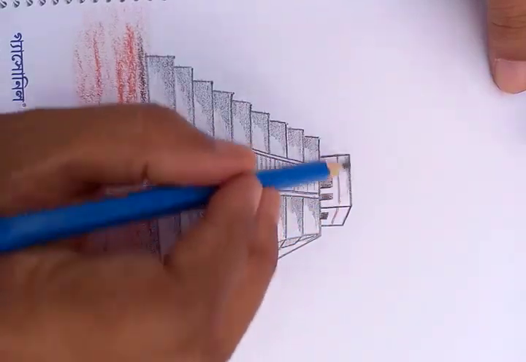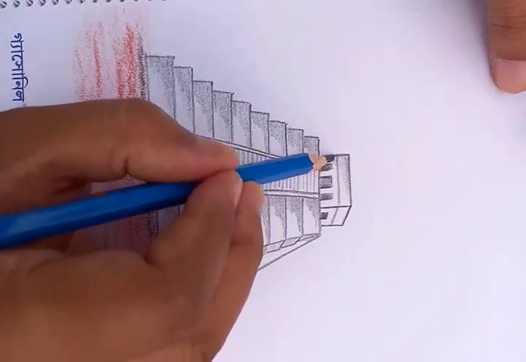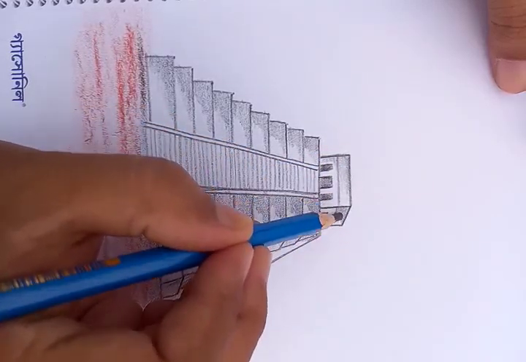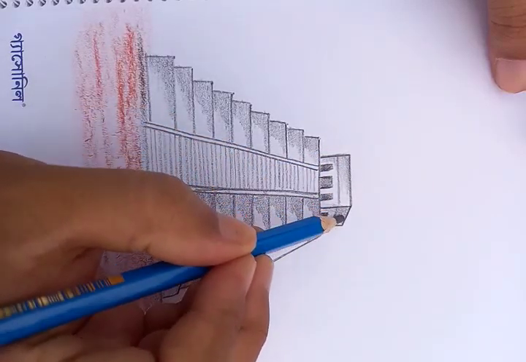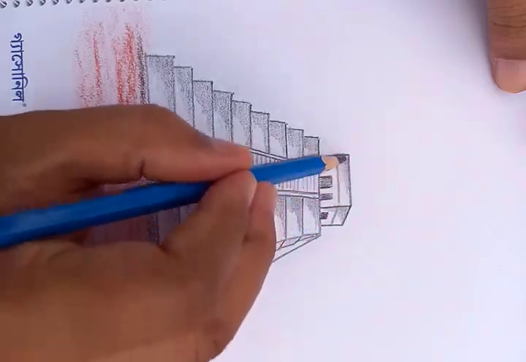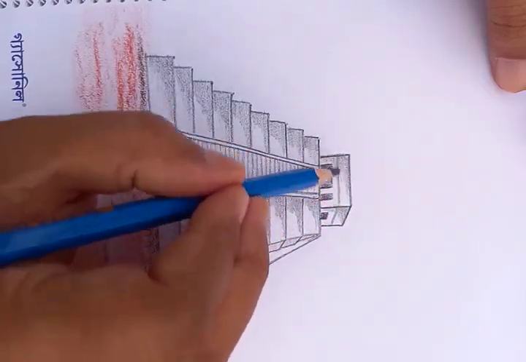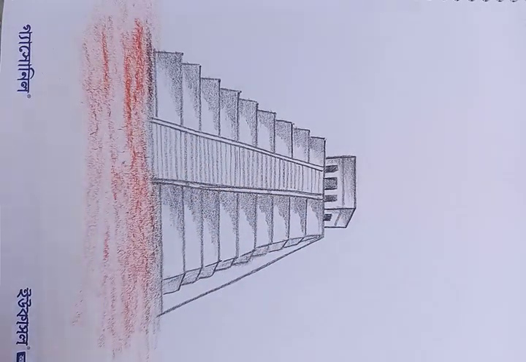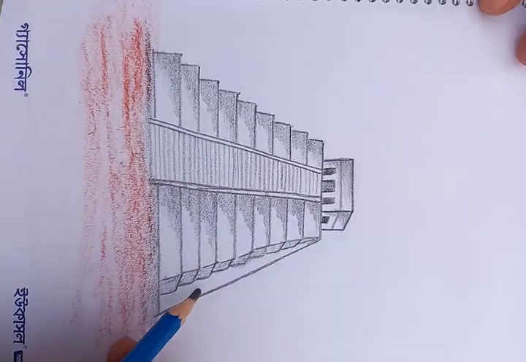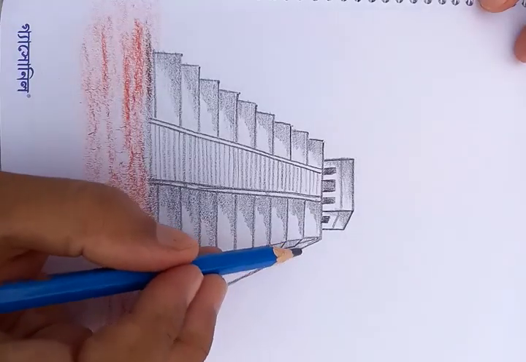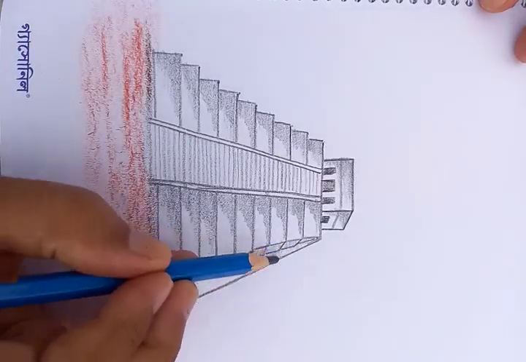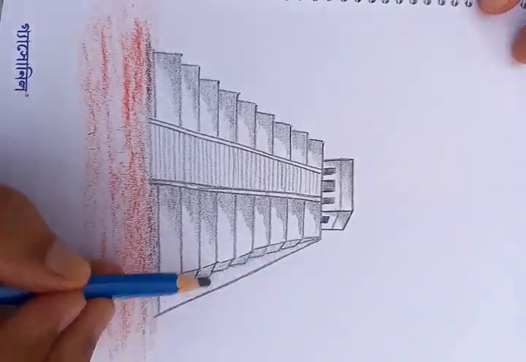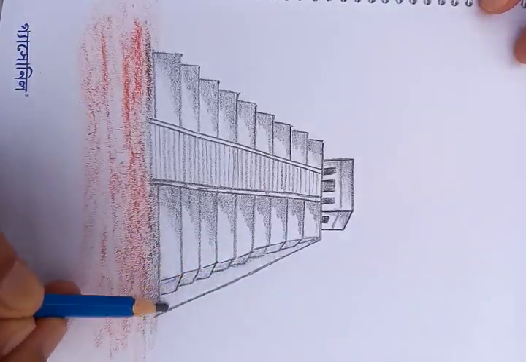For the top of the house, we're going to put a different shape. All right, so this is the border line. Now we're going to do the final and last outline for these vertical and inclined lines.